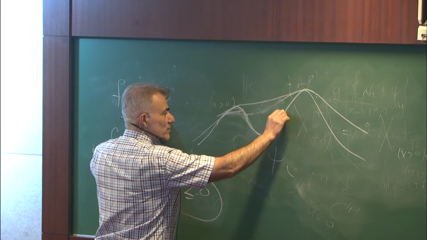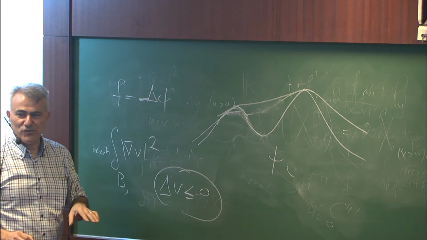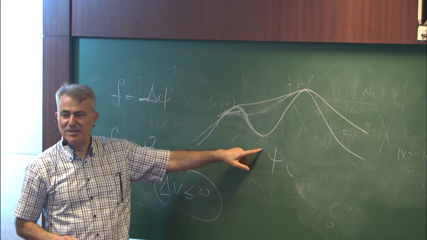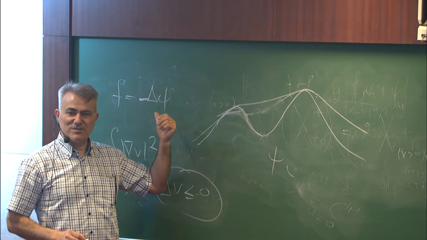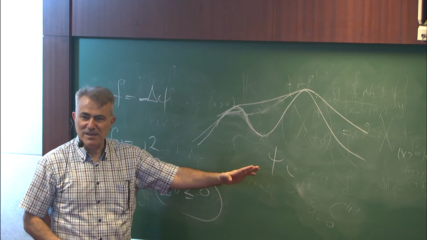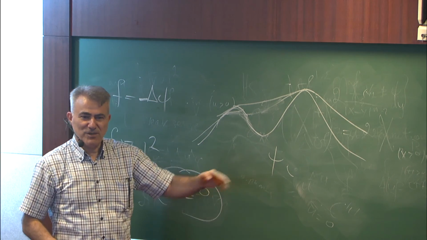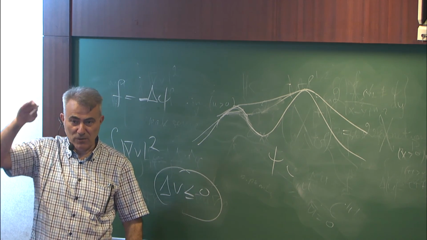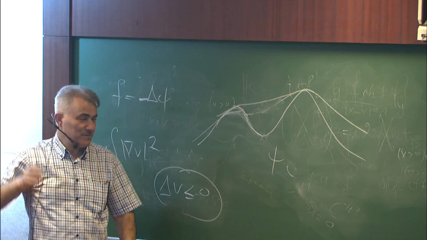Here, second derivatives are positive. I'm not interested in that, and the reason is that my function v will never see them. It costs too much to go down and see them. So I will not go down and see them. I'm touching only on the concave parts of psi in dimension 1.